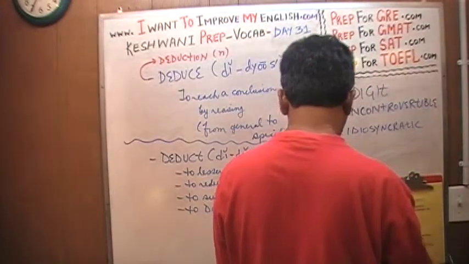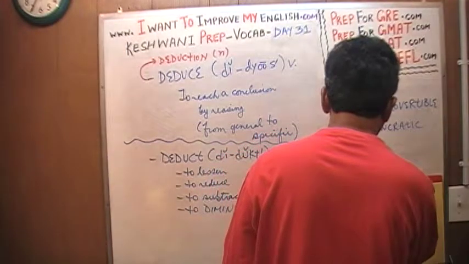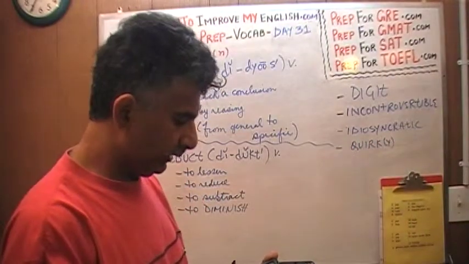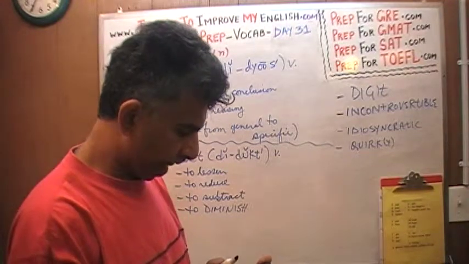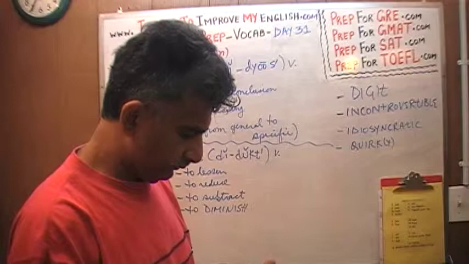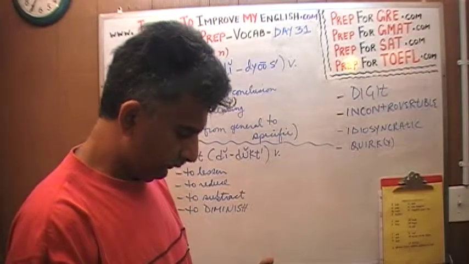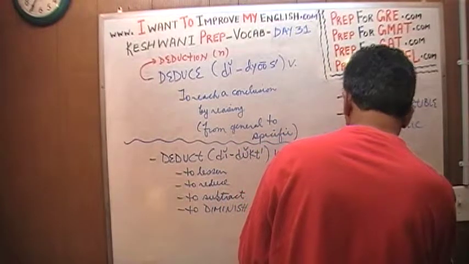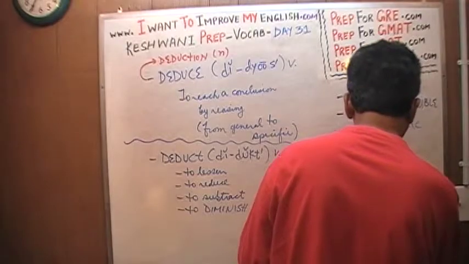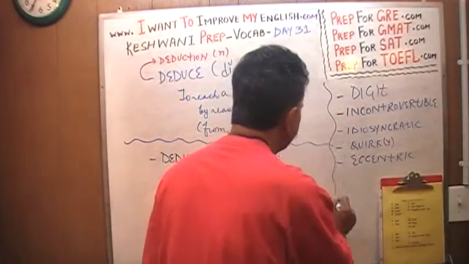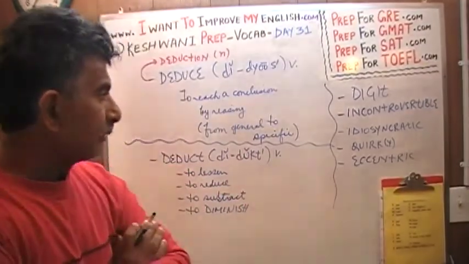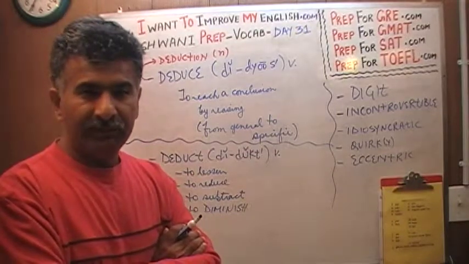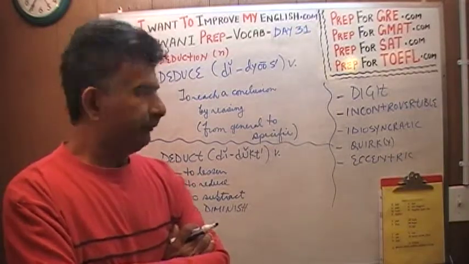Quirk is a noun. Idiosyncratic means eccentric, something that has quirk, something that is quirky, something that is unusual.